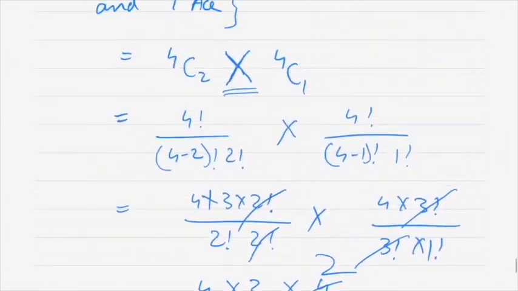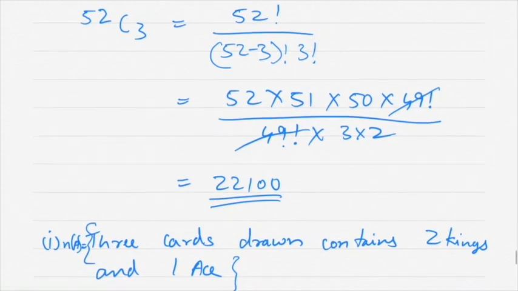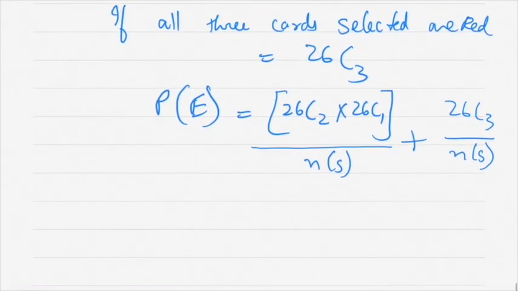Let's solve it. N of S you have already calculated. N of S is 22100, right?